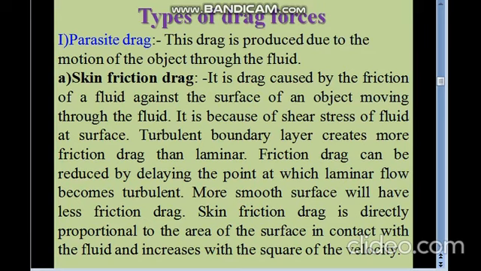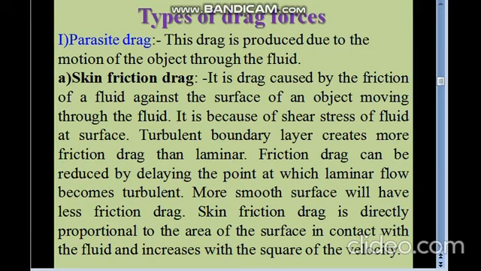This skin friction drag is because of the shear stress produced in the fluid, and the shear force is maximum at the wall. If you recall the lecture on the boundary layer, a turbulent boundary layer gives more shear stress and thus more friction as compared to the laminar boundary layer.